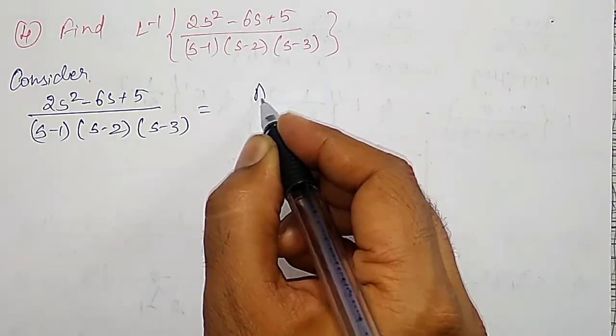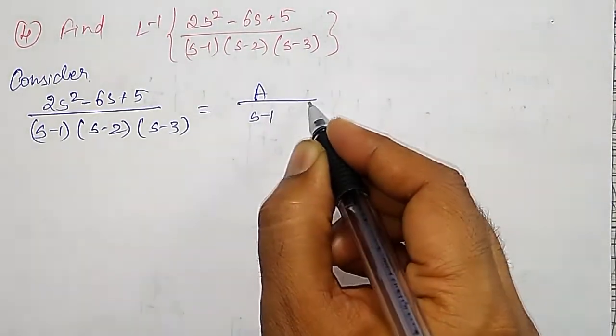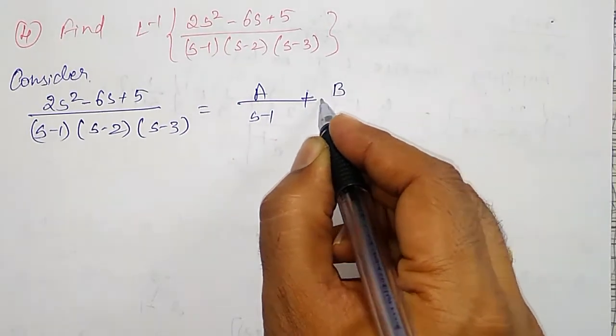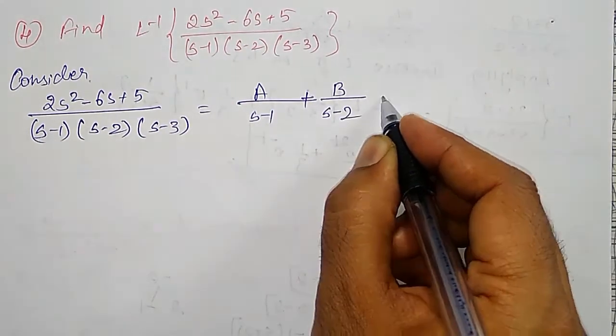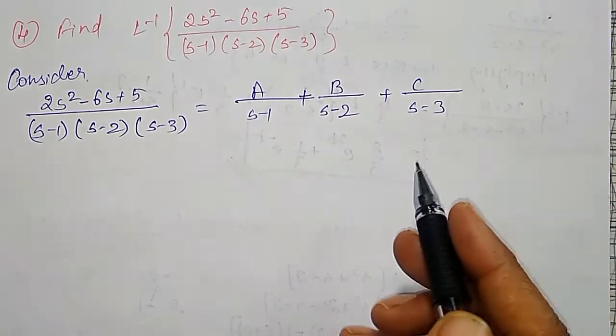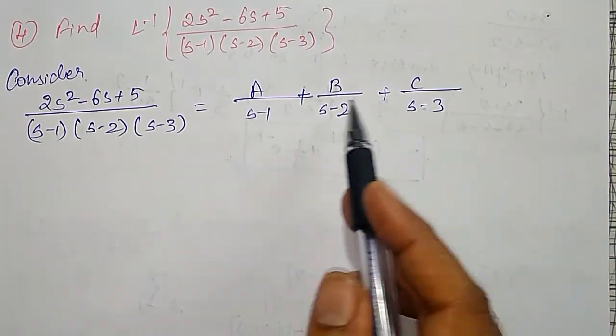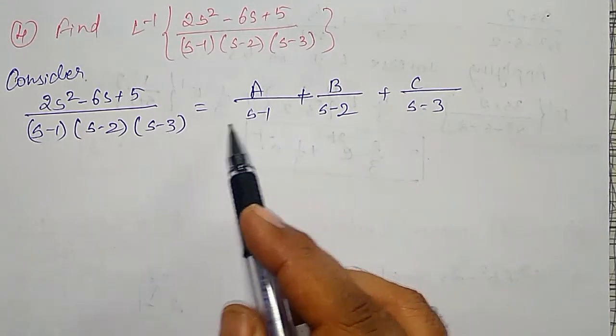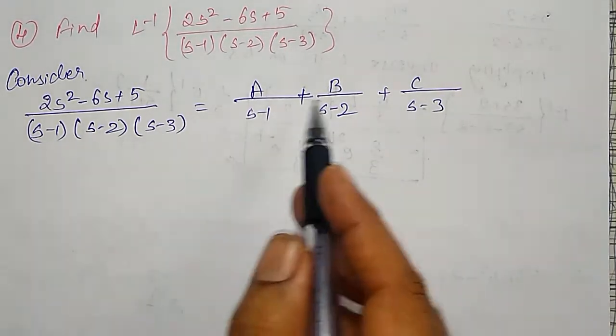I can write it as A divided by (s − 1) plus B divided by (s − 2) plus C divided by (s − 3). We can take the denominator LCM, or just multiply throughout by this denominator.